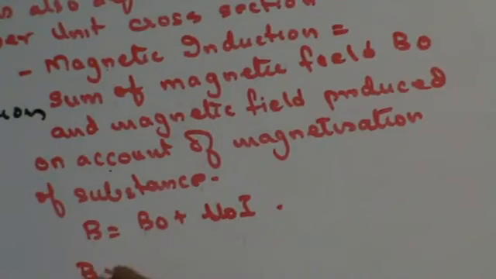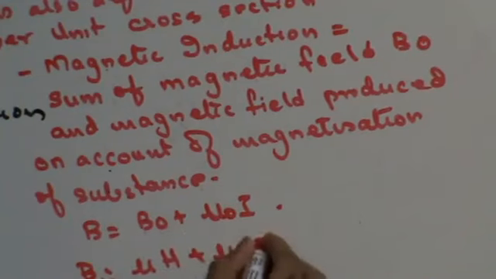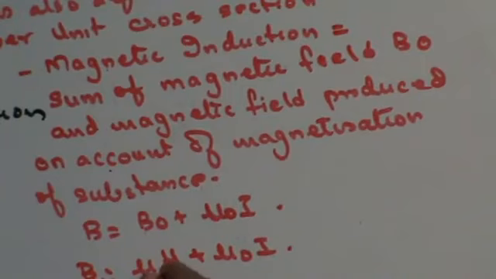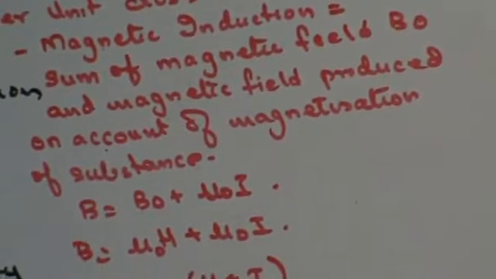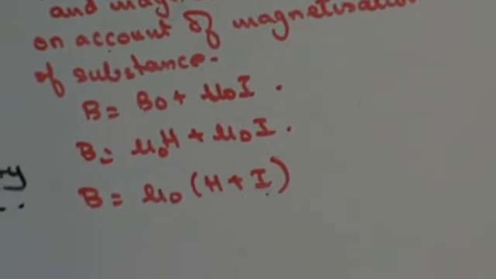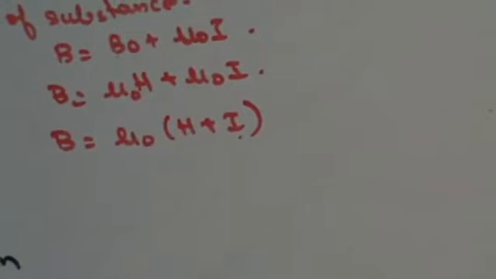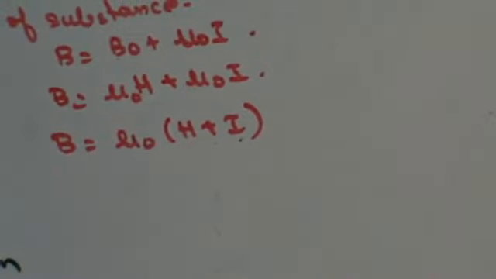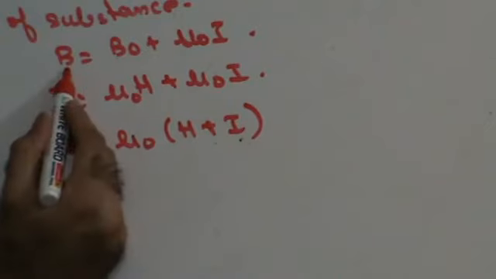Now, B0 is equal to mu 0 H, as we have already defined, plus mu 0 I. Thus, B, magnetic induction, is nothing but mu 0 times H plus I. So the magnetic induction is the sum of magnetic intensity and the intensity of magnetization, multiplied by mu 0.